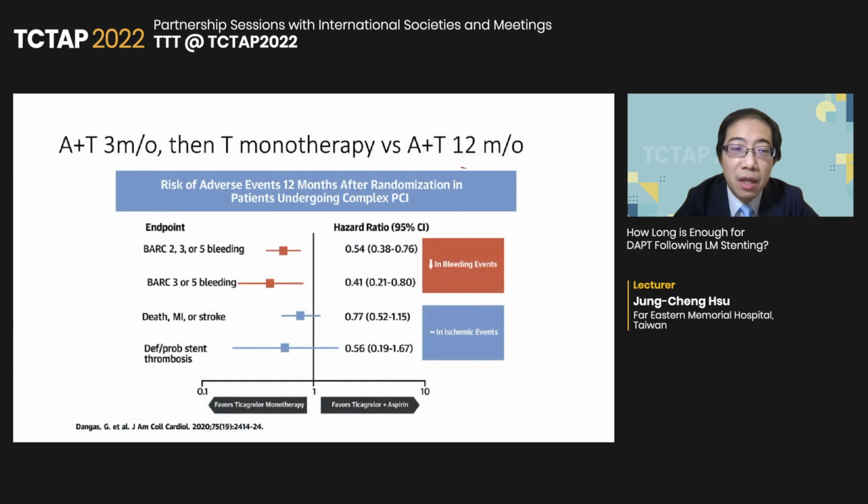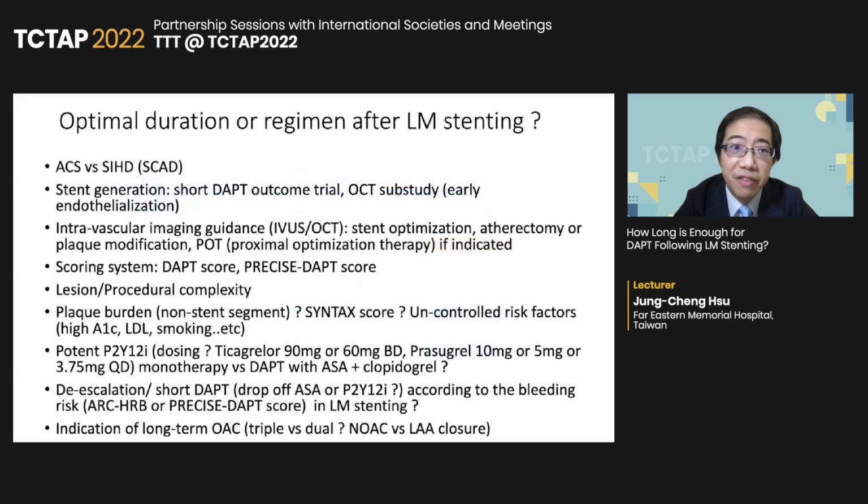So after DAPT for 3 months, then use ticagrelor monotherapy. Compared with aspirin and ticagrelor for 12 months, the ticagrelor monotherapy will reduce the bleeding event, but not increase the ischemic event. So the optimal duration or regimen after left main stenting is very complicated.